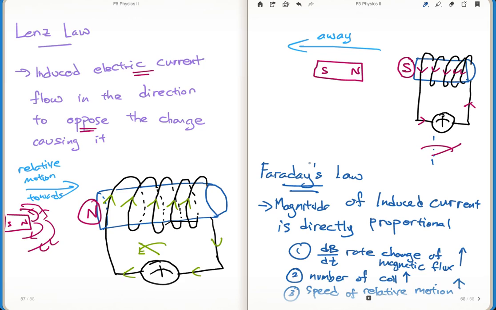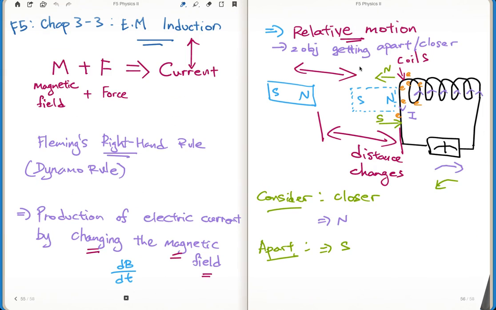Or at a toll gate, it doesn't need to rub against it because it's wireless. All you need to do is make a perpendicular motion to it. Unlike this one, again, you need to cut through the flux. You need to have relative motion. This is important, so that you get a change in magnetic field and therefore the gantry door opens.